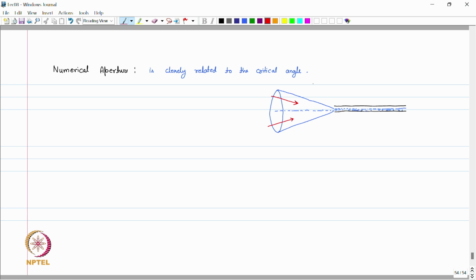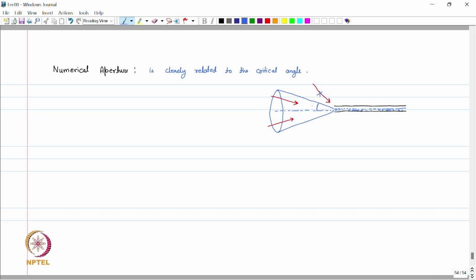If the light comes away from this or the angle of incidence is more than this, then this light is not coupled, this light is not coupled to the optical fiber. So, this critical angle is governed by numerical aperture and this is given by angle of acceptance.